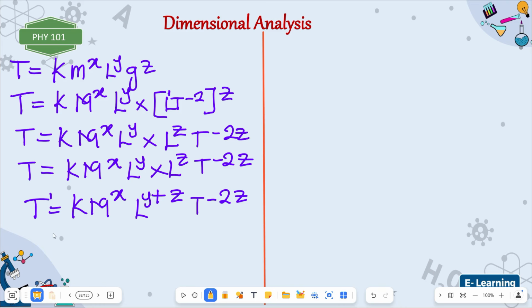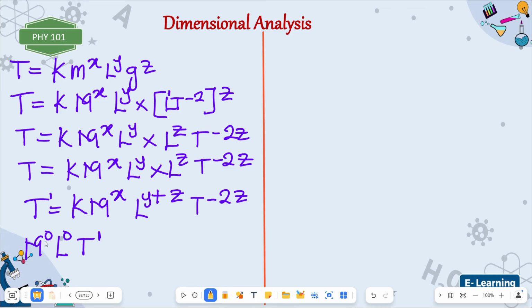Now, this left-hand side of the equation must also have M, must also have L, and it must have T. So if no M is here, just write M and raise it to the power of 0. If no L is here, just write L and raise it to the power of 0. If no T is here, just write T and raise it to the power of 1. Which is M^0, L^0, T^1. Is that understood?